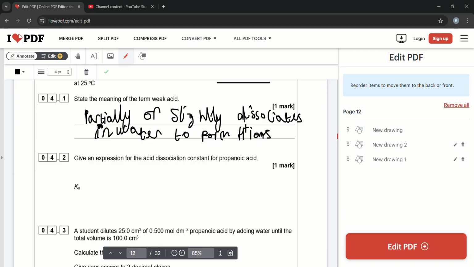So a weak acid is an acid that partially or slightly ionizes/dissociates in water to form H plus ions.